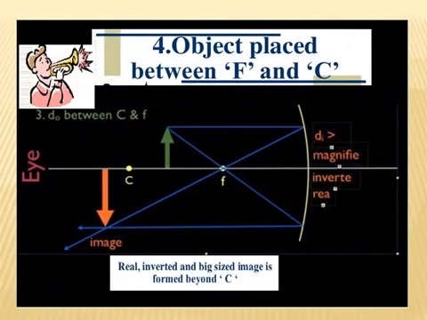This slide is explaining the position between F and C. You see where F and C are in the diagram. The green up arrow represents the object. For this ray diagram also, first you have to draw the mirror and principal axis, and fix the points P, F and C. Now the object, you have to draw the perpendicular object in between C and F, anywhere in between you can take.